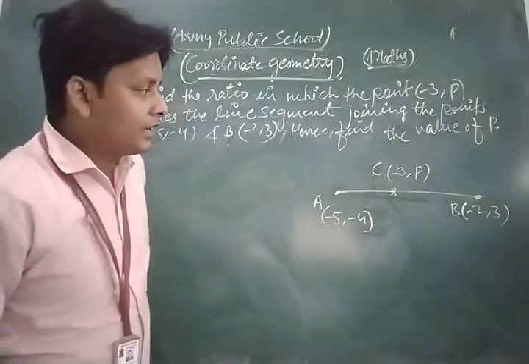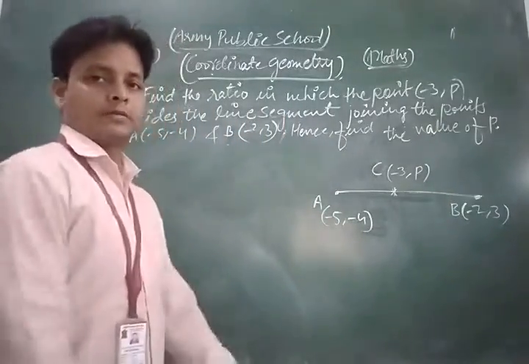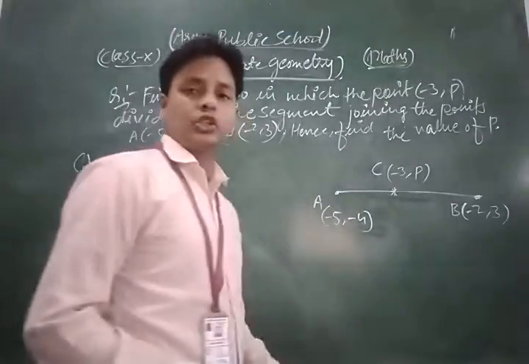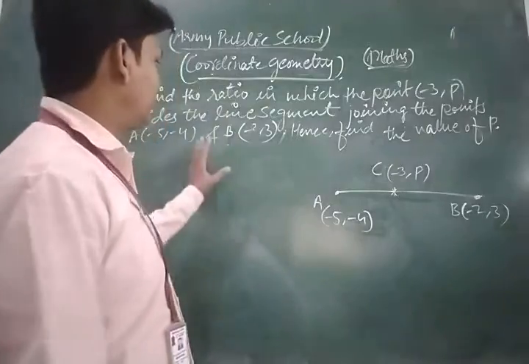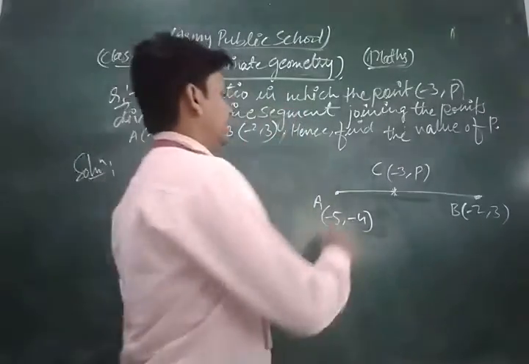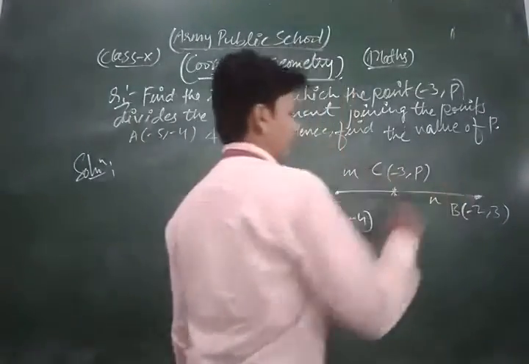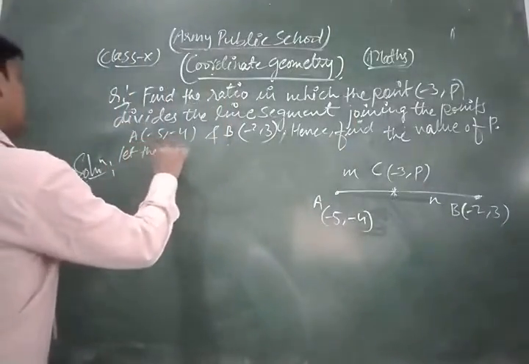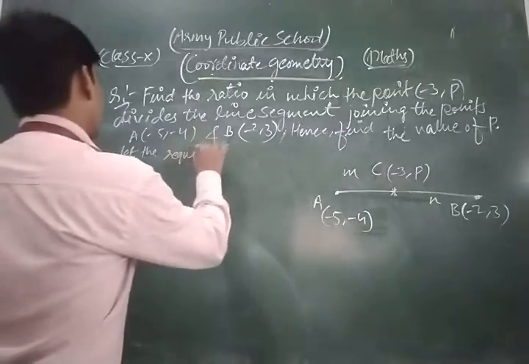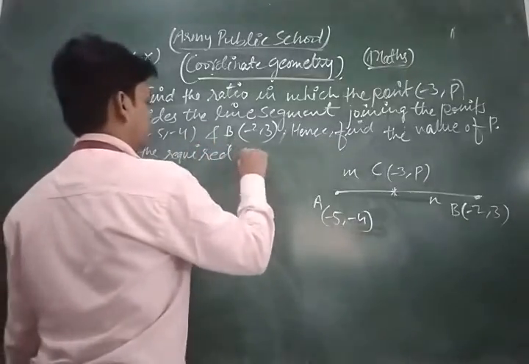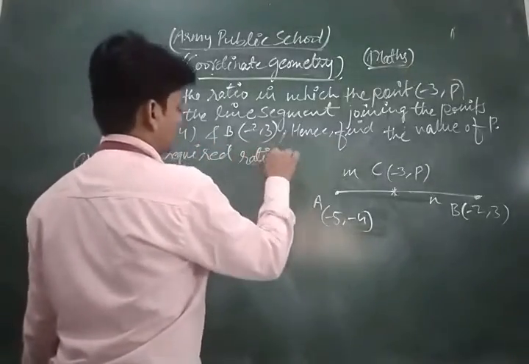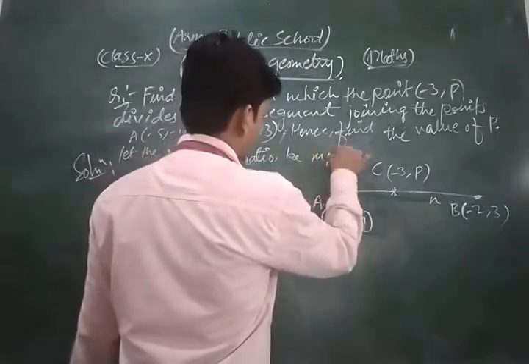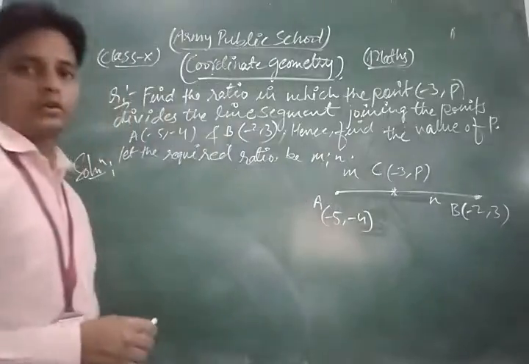which divides the given line segment AB in which ratio? Let the required ratio be m is to n. First of all, we find the required ratio. So let the required ratio be m is to n.